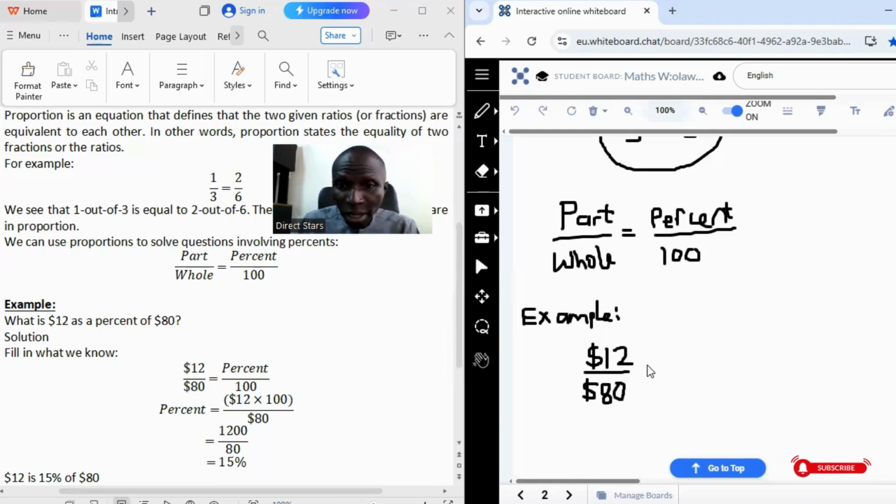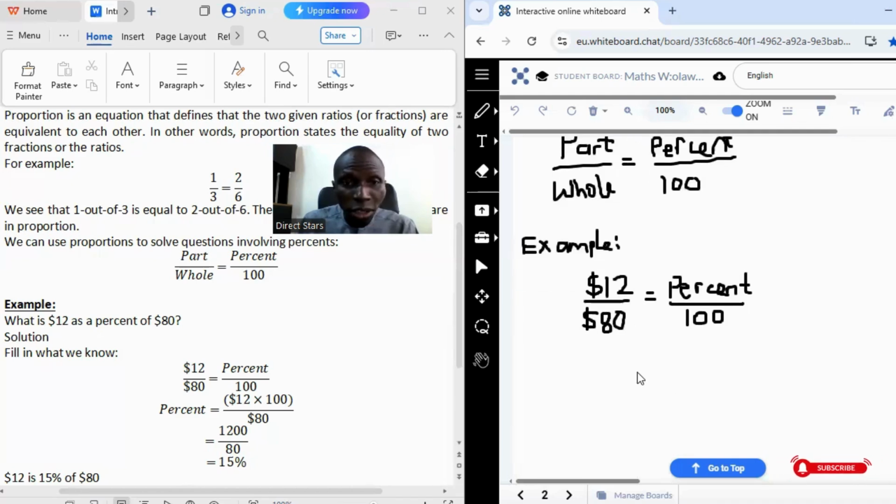We're asked to find the percent, which we don't know yet. So we're going to have that to be percent over 100, as they are equivalent to each other.